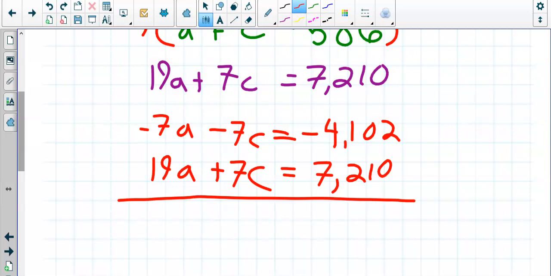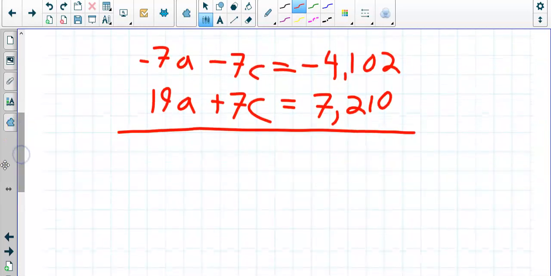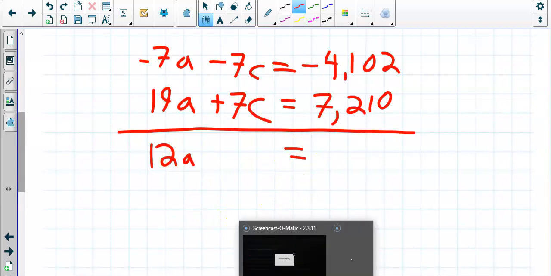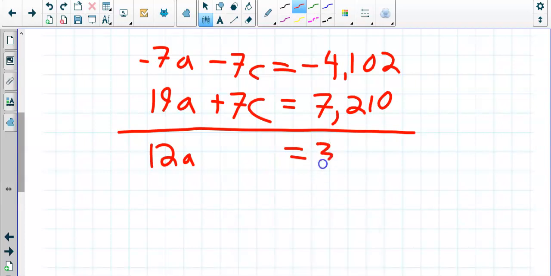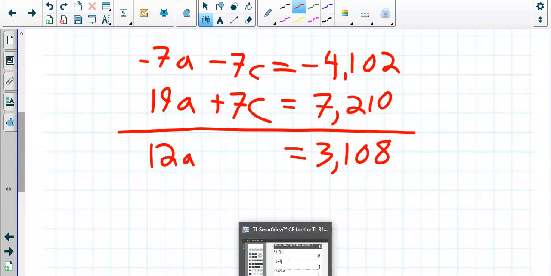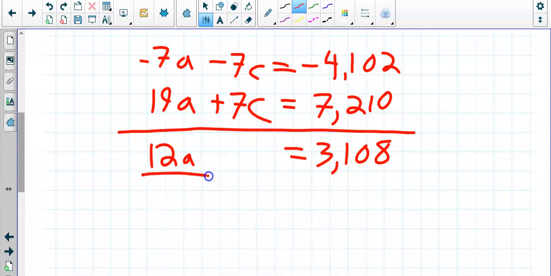What do you get there? 12A, okay. Equal to negative 4,102 plus 7,210. And what are we going to do now? Divide by 12.